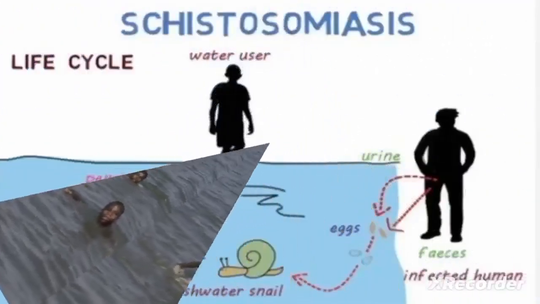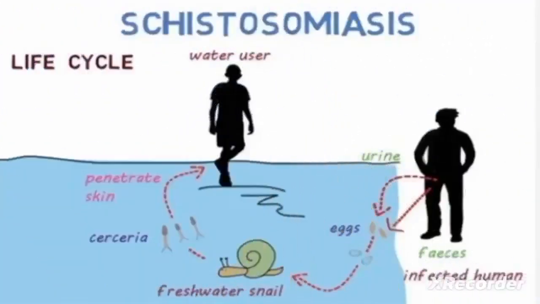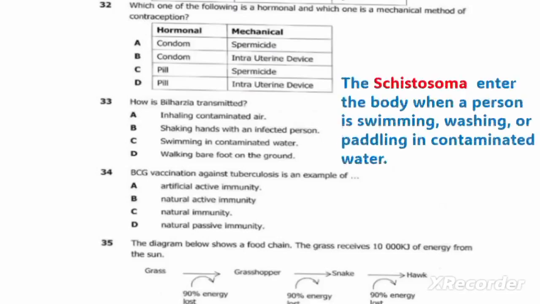So this one is contracted through contaminated water. The schistosoma enter the body when a person is swimming, washing, or paddling in contaminated water. So therefore, our correct answer is C, swimming in contaminated water.